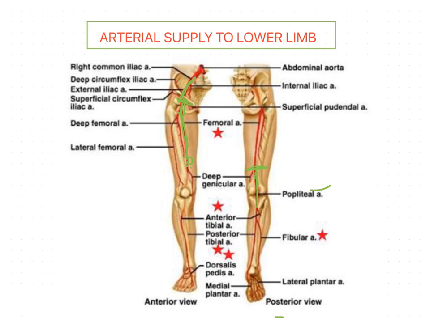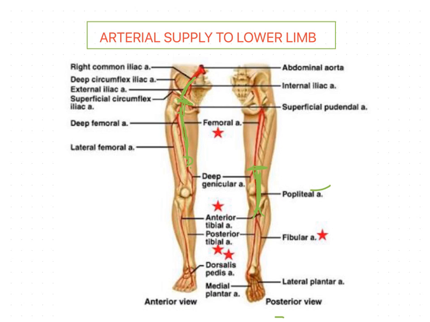Okay, where it gives many branches around the knee joint, forming anastomosis. And below the level of the popliteus muscle, this popliteal artery is divided into two arteries. One is the anterior tibial artery and the other is the posterior tibial artery.